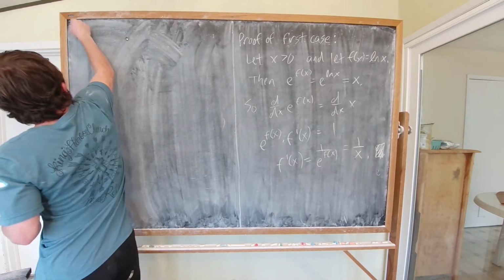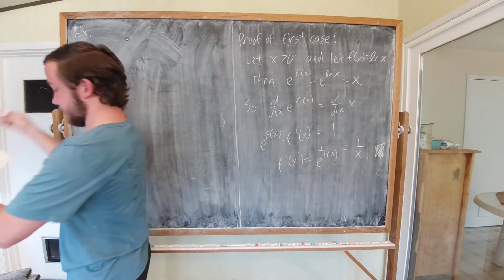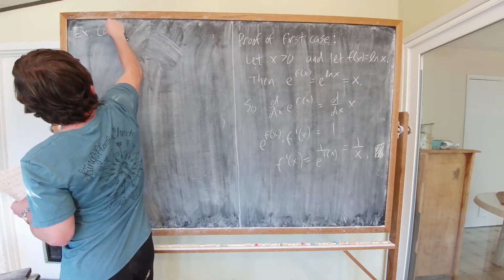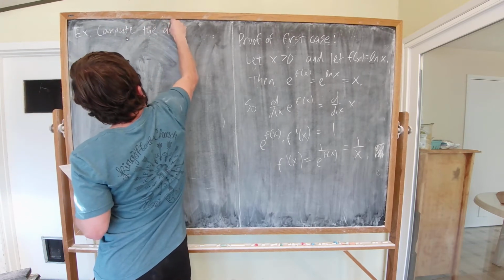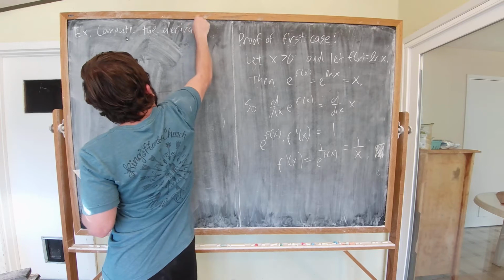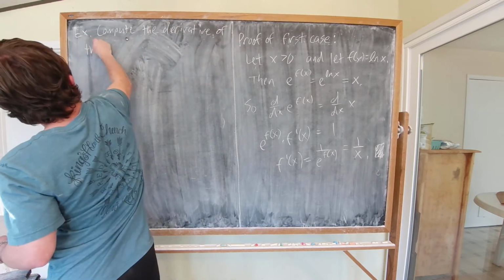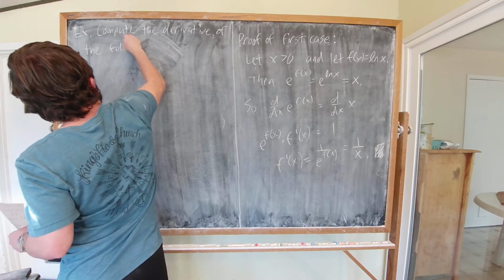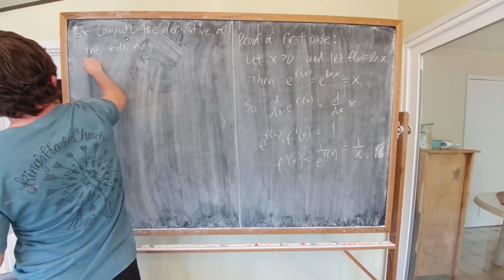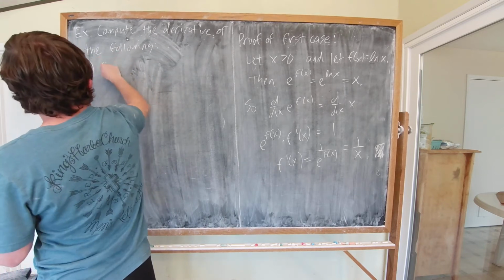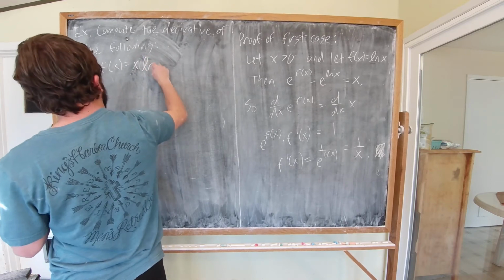Alright, now that we have the rule, let's use it and compute a few derivatives. Okay, let's say f of x equal to x times the natural log of x.